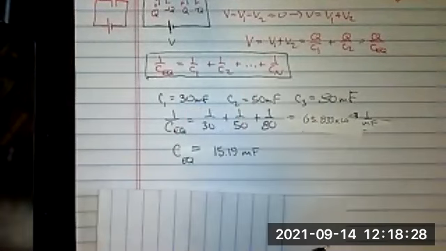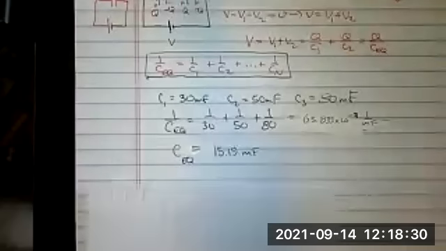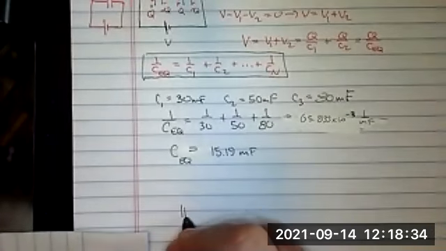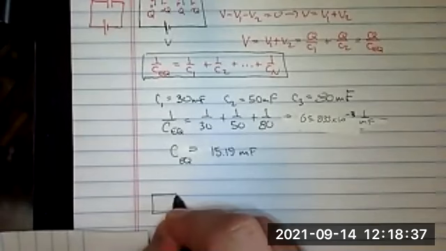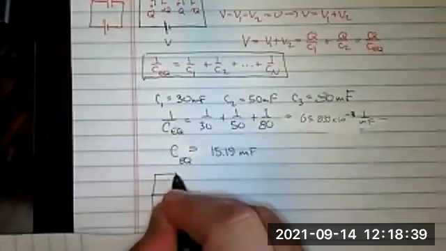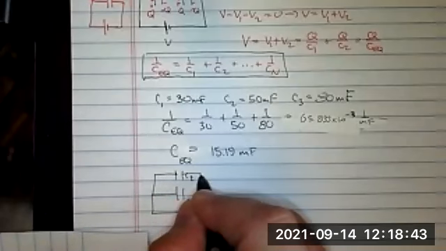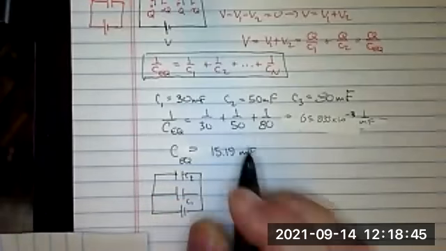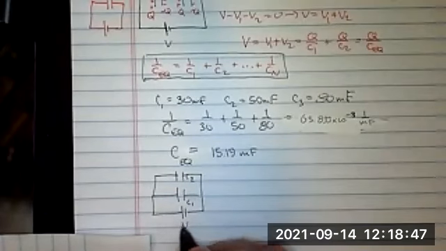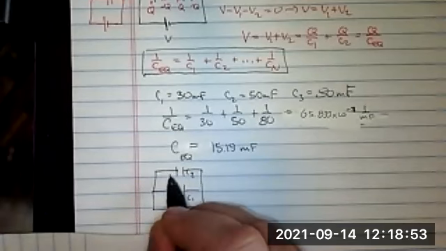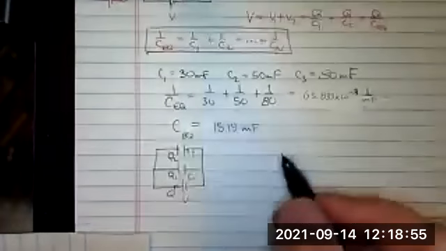Now, class is about over, but let me quickly do this other one just so you can get started on some stuff. When you have the battery like this, and then you have a capacitor here and a capacitor here, C1 and C2, this is a little different scenario because the battery is going to let out a charge Q. Some of that charge, Q1, will go to this one, and some of that charge, Q2, will go to this one.